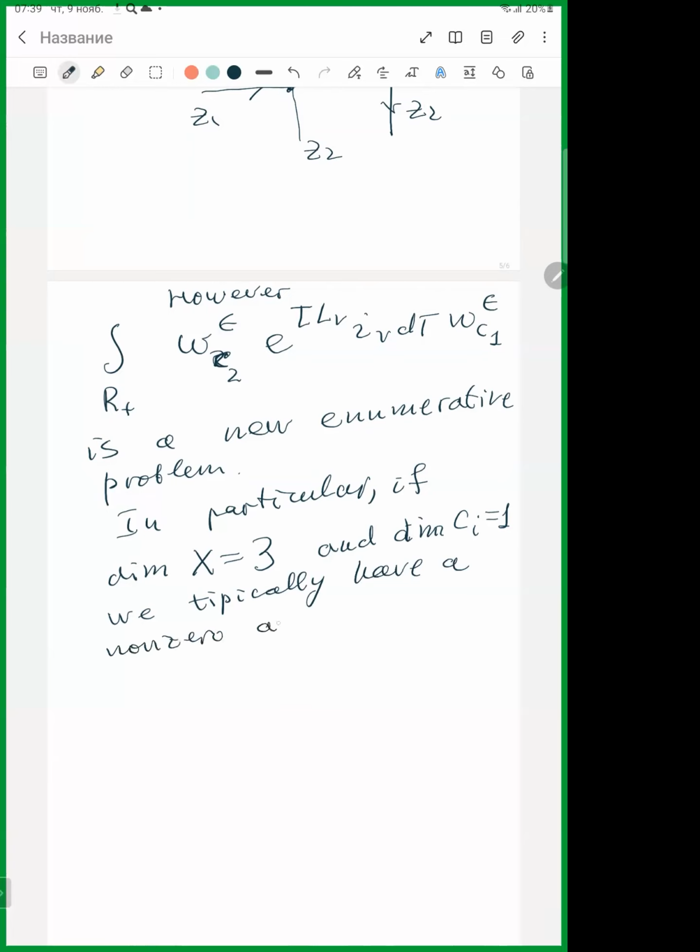Here we just expanded the exponent, but something happened with the 1. So we integrate over R plus. We integrate a one form on the configuration space. Yes, we integrate over R plus a one form on the configuration space.